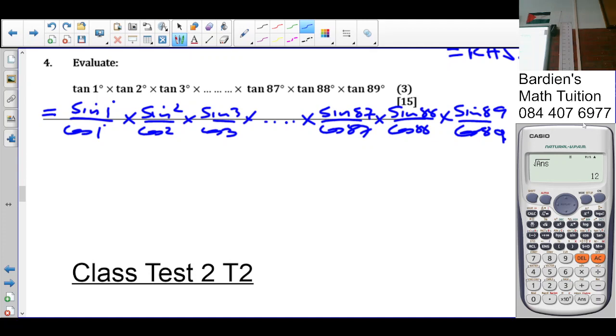Now you see that this here, the co-ratio of sine is cos. Not so? However, that can be written as cos of 1. 89 plus 1 is 90.